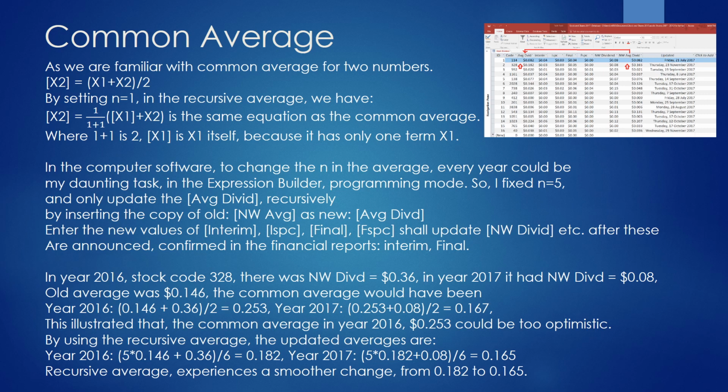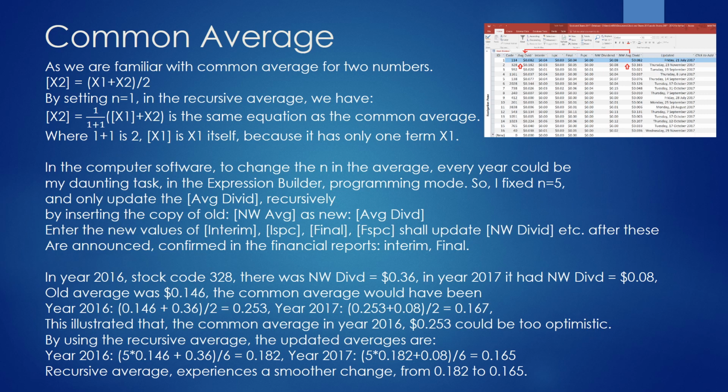In the year 2016, stock code 328, there was new dividend equal to 0.36. In the year 2017, it had new dividend equal to 0.08. The old average was 0.146.